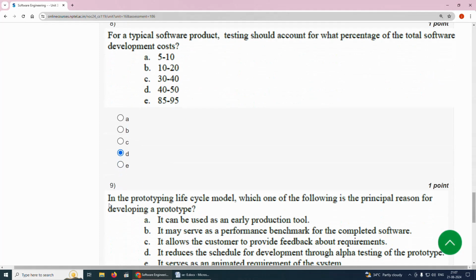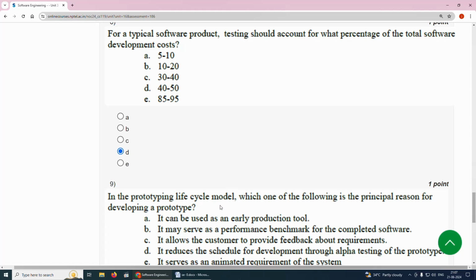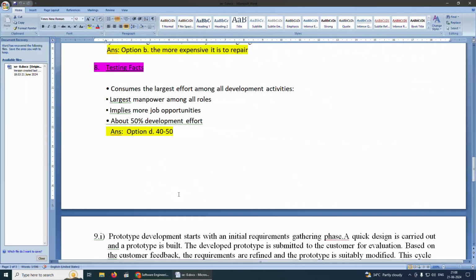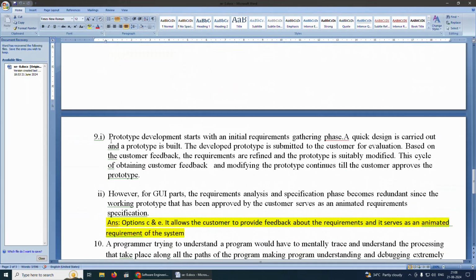Ninth question, in the prototyping life cycle model, which one of the following is the principal reason for developing a prototype? We have 2 points. Prototype development starts with an initial requirements gathering phase. A quick design is carried out and a prototype is built. The developed prototype is submitted to the customer for evaluation. Based on the customer feedback, the requirements are refined and the prototype is suitably modified.